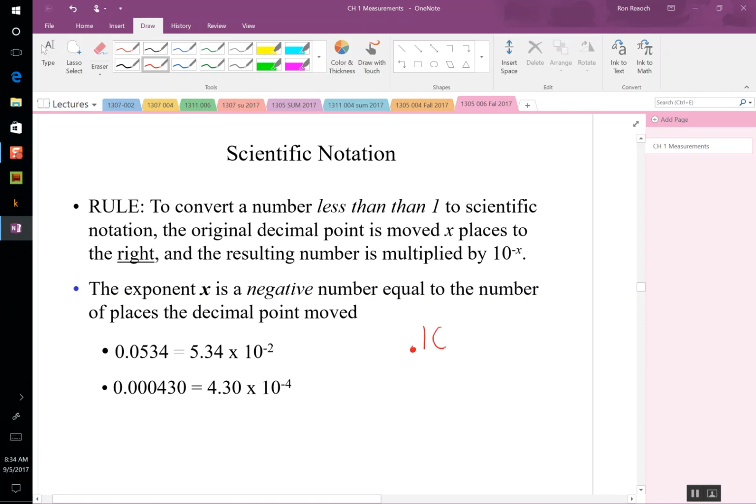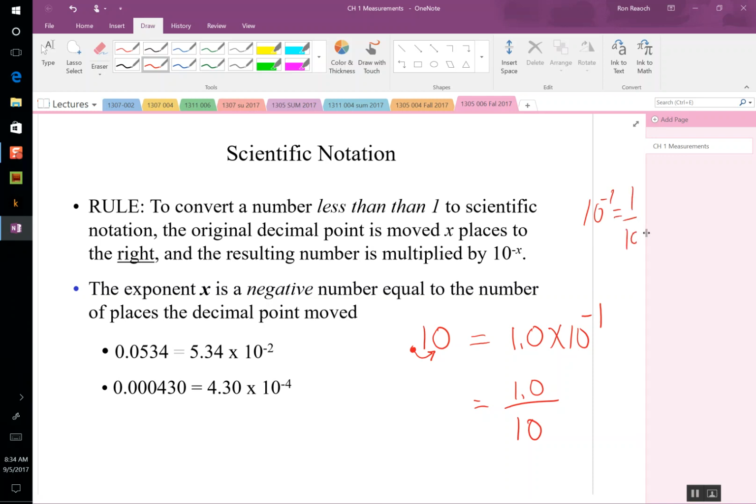If I got 0.1, that's equal to 1.0 times 10 to the minus 1. We've just moved it over one place. That's the same as taking 1 and dividing it by 10. We're dividing, not multiplying. 10 to the negative 1 is 1 over 10. So we're going to be dividing it by 10, and that gets us back to our original number.